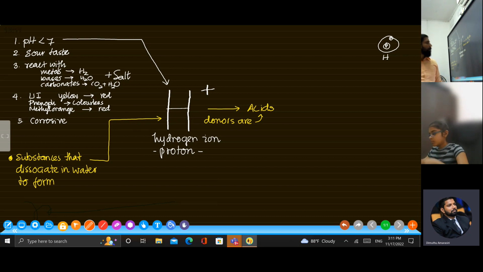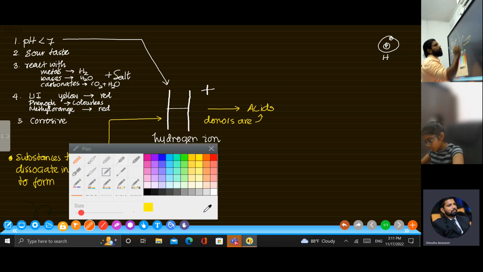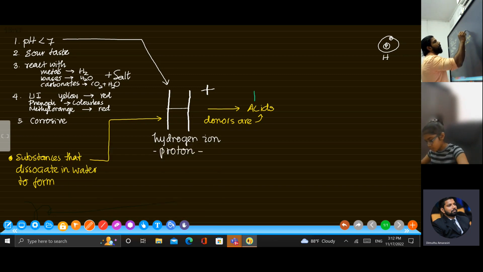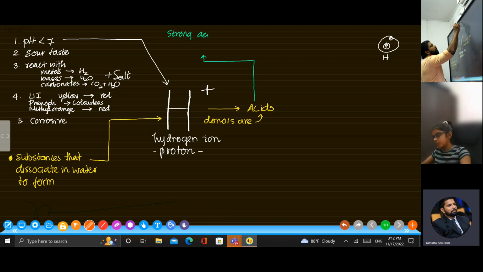Okay, so there are several types of acids. What are the main two types of acid? You know them. Strong acid and weak acid. What are strong acids?